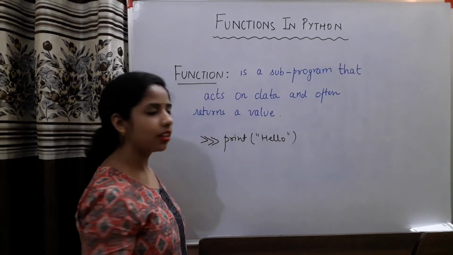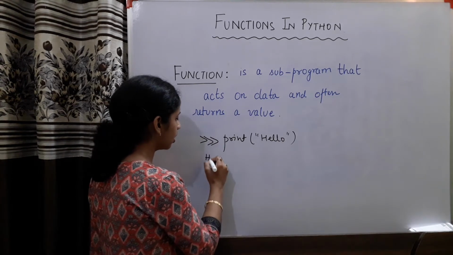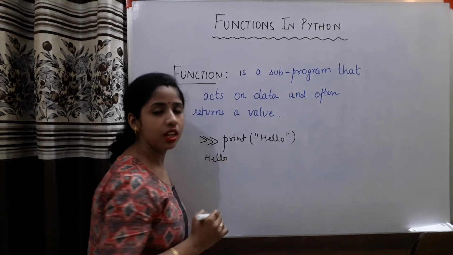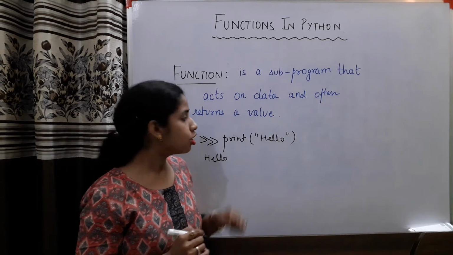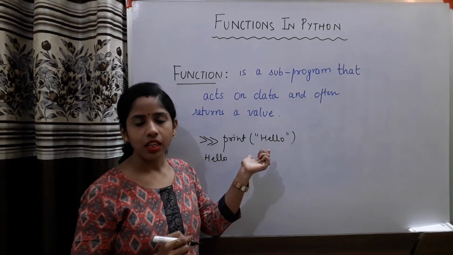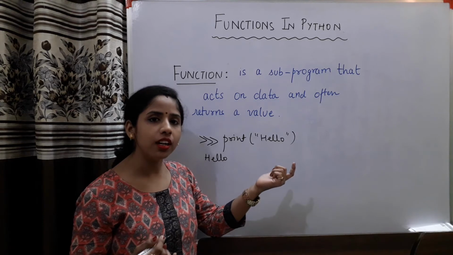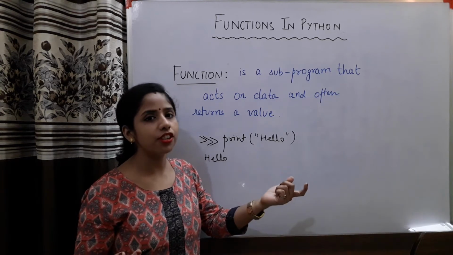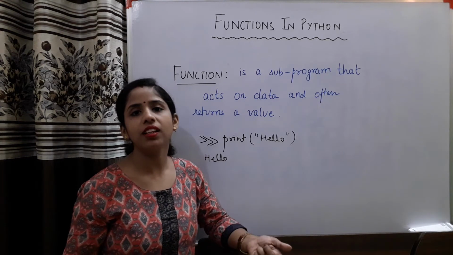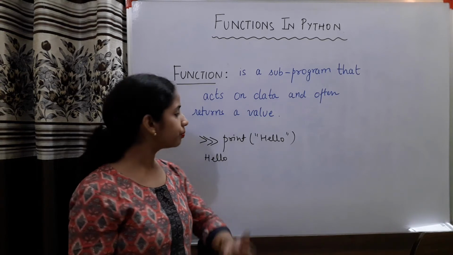So what will happen? It will simply print hello on the output screen, but it will not return anything. So print is a function which is ready made, or you can say a function which is given to you by the Python library, right?